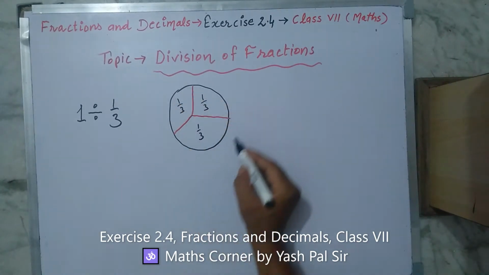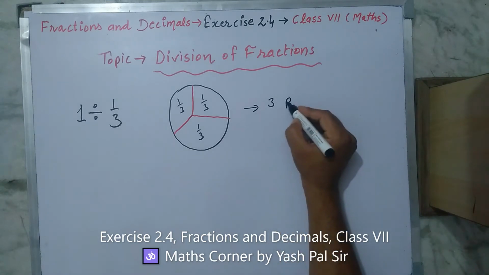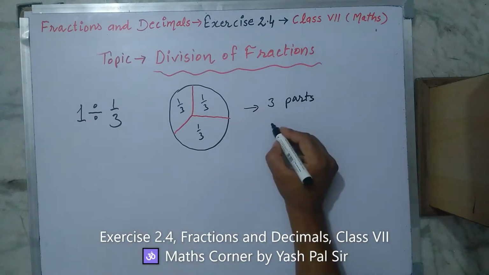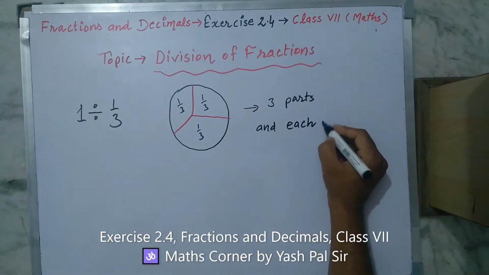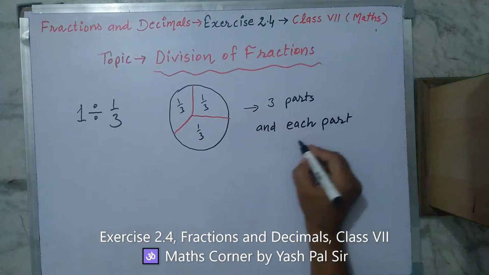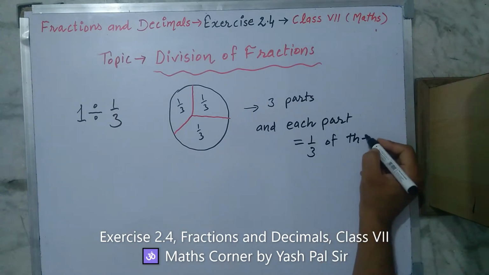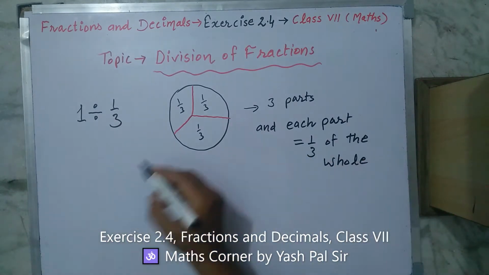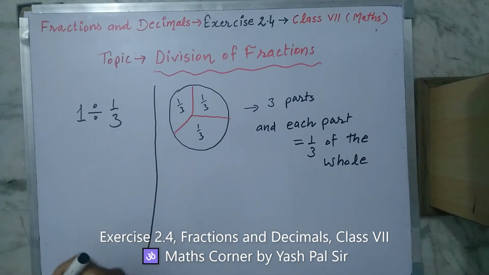So how many parts are there now? There are 3 parts, each part equal to 1 by 3 of the whole number. Algebraically, how do we divide?